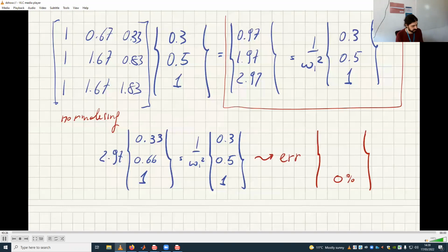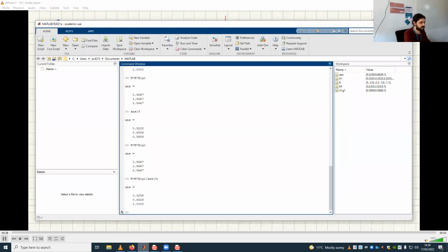It's exactly 1. We made it 1, so there is no error. What is the error here? This is 0.33 minus 0.3 divided by 0.3, and this should be in brackets, times 100 to give a percentage.